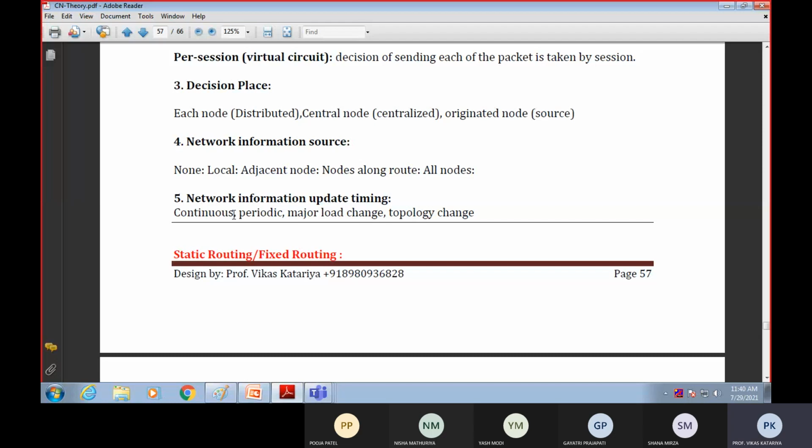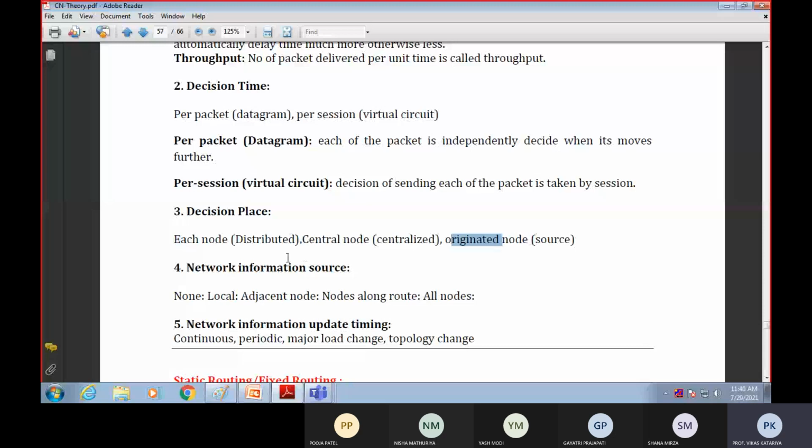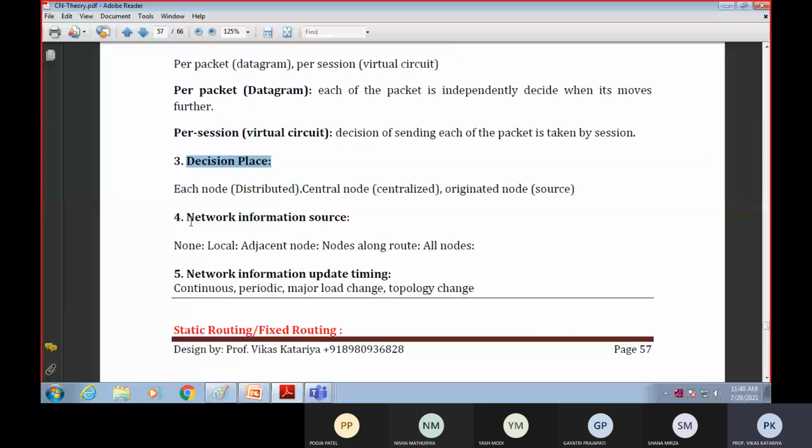So these are the major criteria. Suppose we want to design a routing algorithm. Performance criteria we have to calculate in this way. Decision time, by using two methods, datagram approach and virtual circuit. Decision place: each node, central node, or originated node can take the decision.